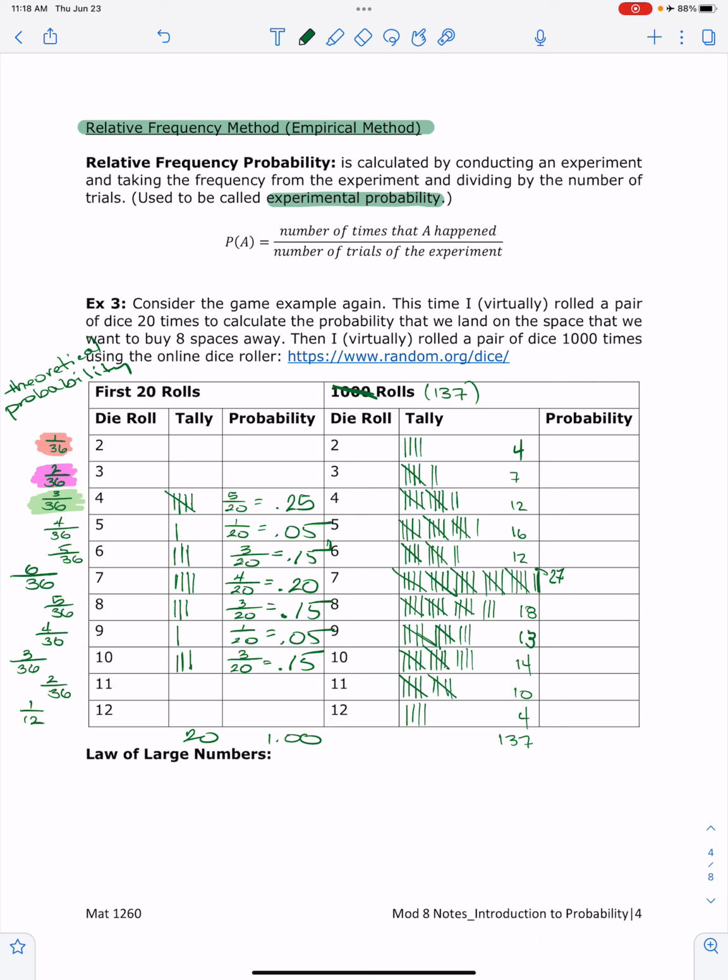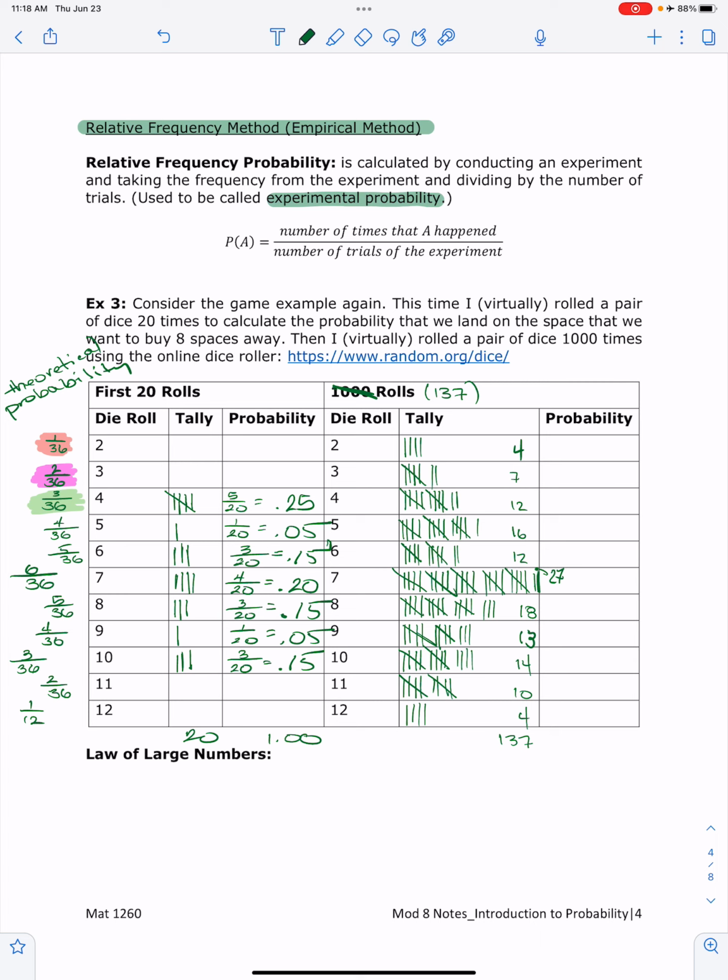Notice here in my 20 rolls, I did not roll a sum of 2 or 3 or 11 or 12 once. And that kind of makes sense with our probabilities, right? Those happen less frequently. So the goal was to hit 1,000 rolls, but the online dice roller would not tally those for me.